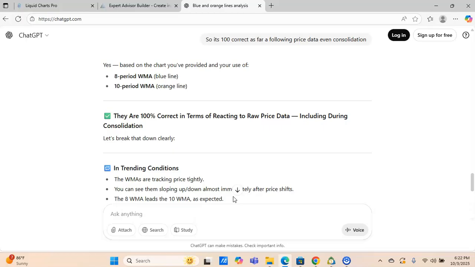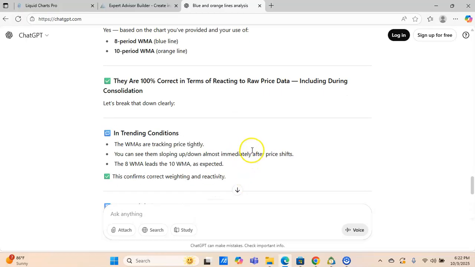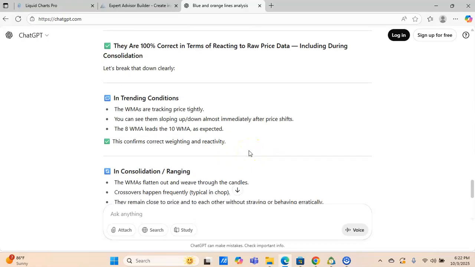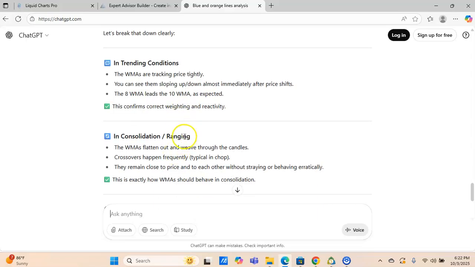Yup, they are 100% correct in terms of reacting to raw price. In concluding, let's break it down clearly. In trending conditions, the WMAs are tracking price tightly. You can see them sloping up and down almost immediately at the price shift. The 8 weighted leads the 10 weighted as expected. This confirms correct weighting and relative reactivity.